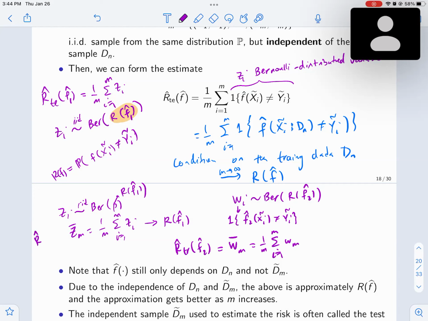This would be R training of f hat 1. So that would be converging to R of f hat 2. What I'm just saying is that I'm looking at two sample averages. Each one is an average of a bunch of Bernoullis, but the probabilities are different. One is the risk of f hat 1, the other is the risk of f hat 2. I just want to compare whether these two risks are the same. What I want to test is whether this is equal to that.